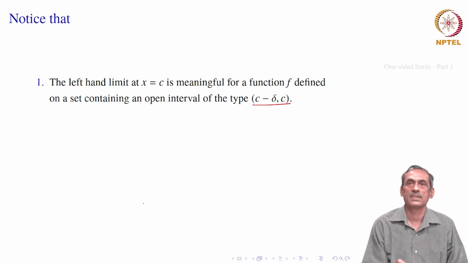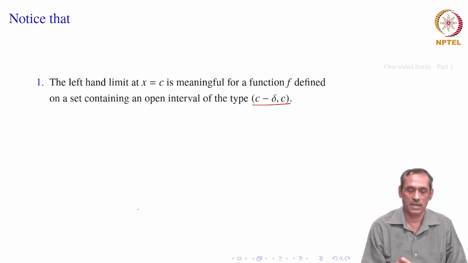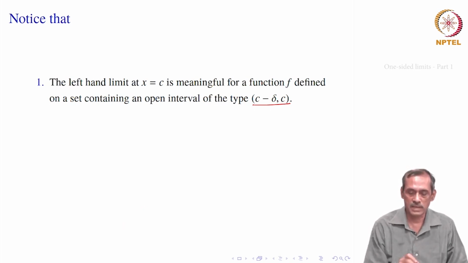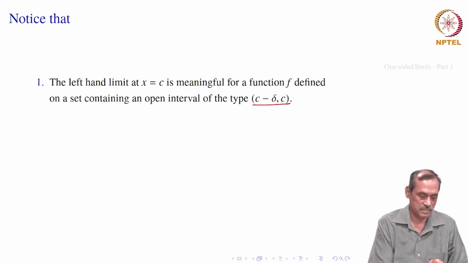The function should be defined on such a neighborhood, then only we can talk of limit. Similarly, here the function should be defined from c minus delta to c, then only we can think of its limit when x lies smaller than c, that is the left side limit.